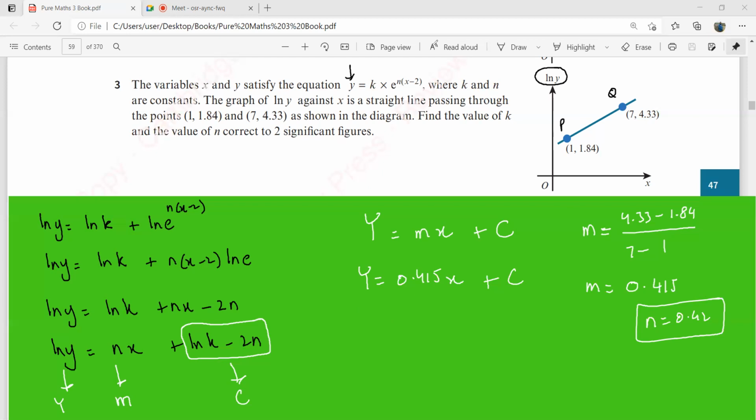This will give us 1.84, that is 0.415 into 1 plus C. Okay, so the C is going to be 1.84 minus 0.415. So what is the C, bacho? 1.425.